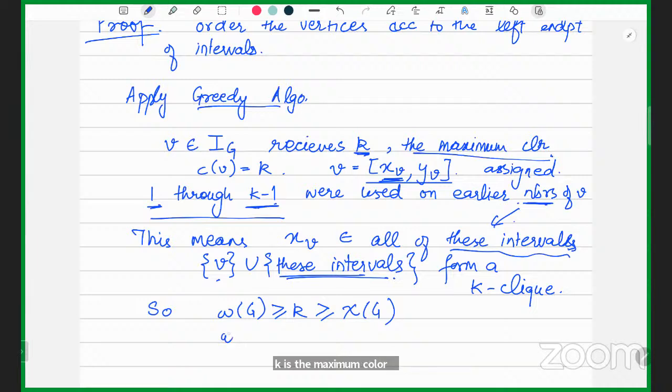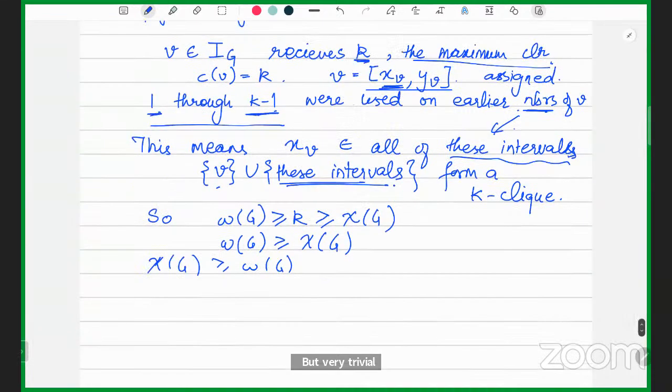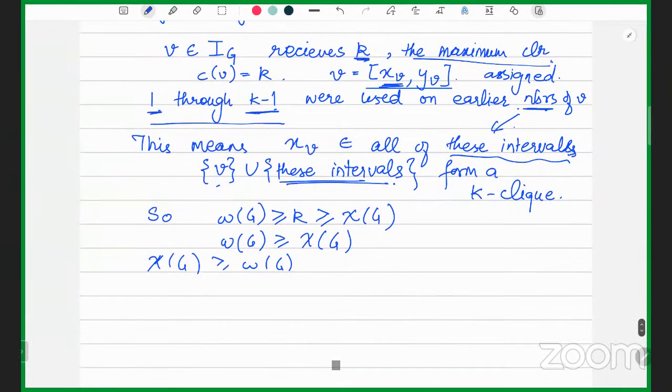So I have omega g is greater than or equal to chi g. But very trivially, we have seen that chi g is at least as much as omega g, because every vertex of the clique gets different colors.